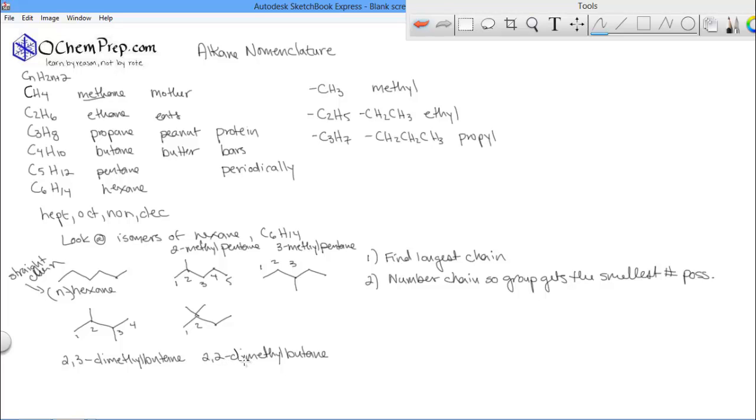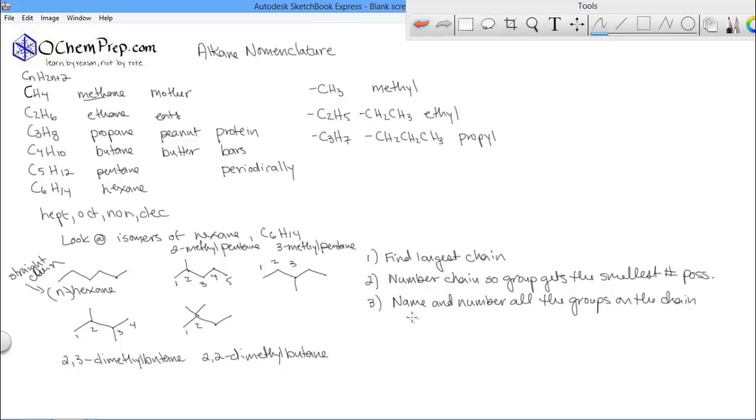So the third step will be to name and number all the groups on the chain.